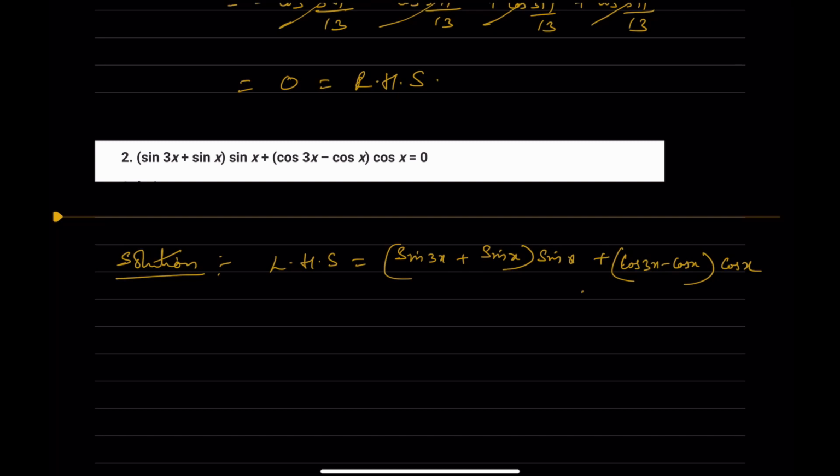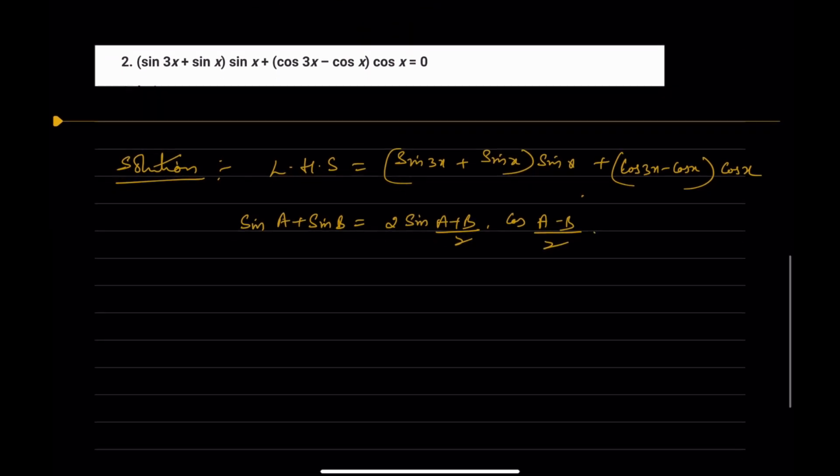So here you will get sin A plus sin B is equal to 2 sin A plus B by 2 into cos A minus B by 2.